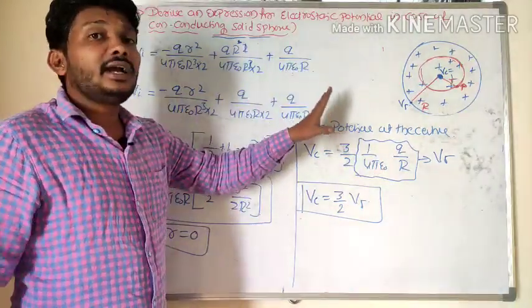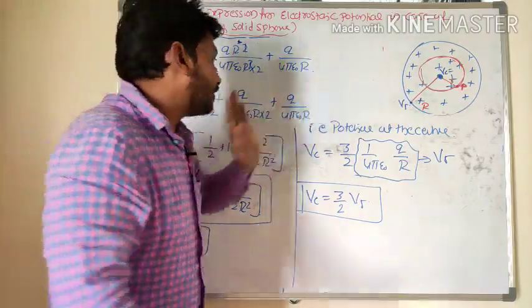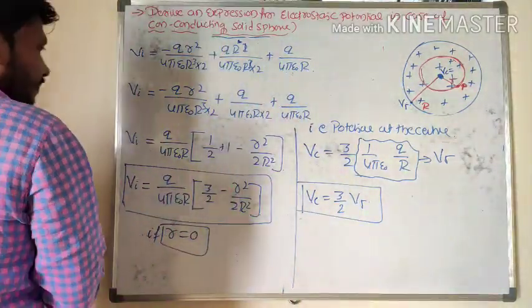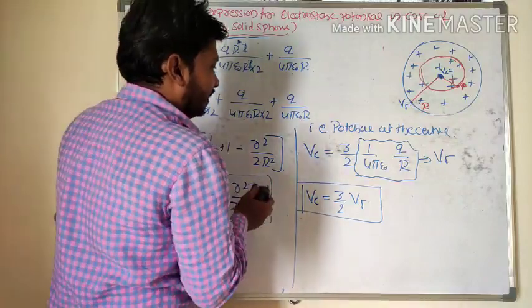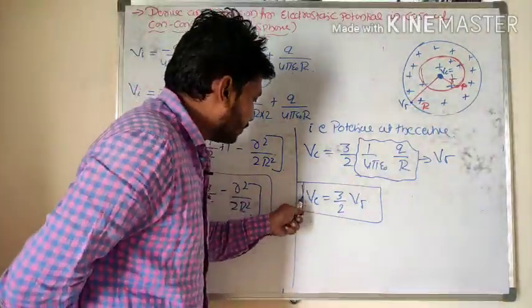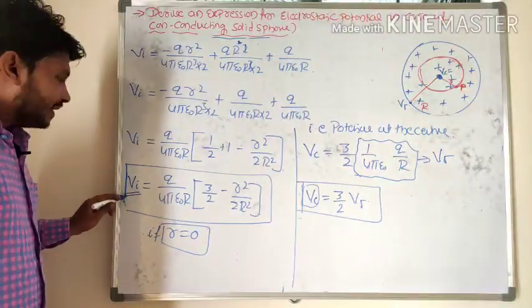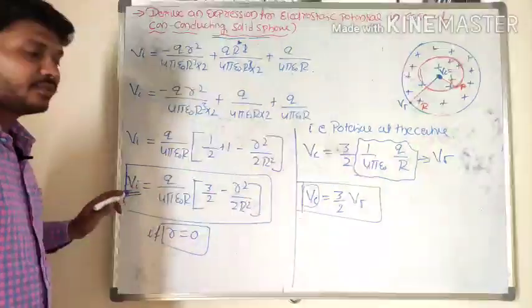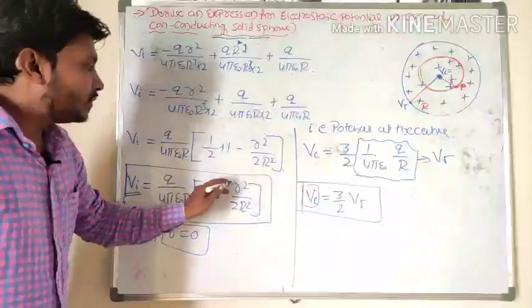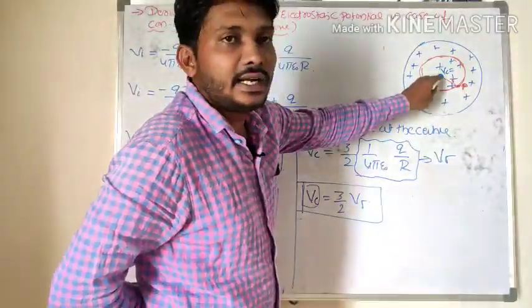Next I will draw the nature of the graph for electrostatic potential versus distance. Let me pause here. So how did you come to know this equation, V of c is equal to 3 by 2 into V of s? The electrostatic potential inside the sphere is given by this formula. If r value is 0, the location of the point is at the center of the sphere.